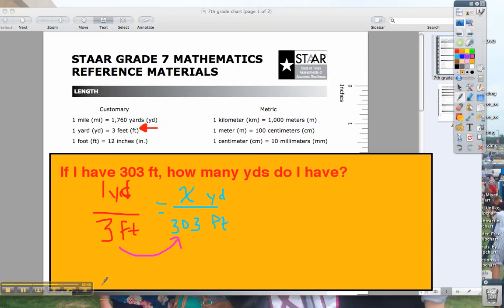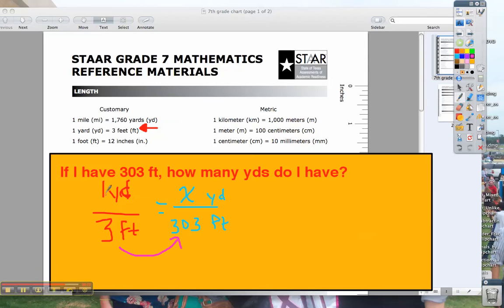What do you do to 3 to get it to 303? There actually is a whole number scale factor we can use there, but if you don't know it, then you can't really do that. You could solve this by saying, if I want to get to 303, something times 3 equals 303, so 303 divided by 3 will get me what number I need to divide by or multiply by here.